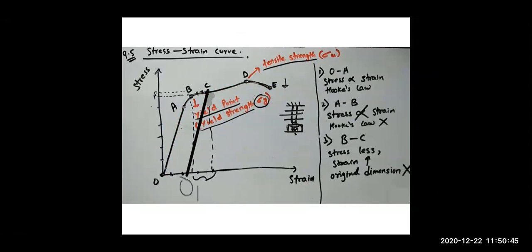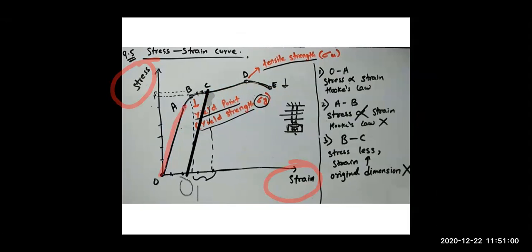Now, initially, as you can see, this is your region OA. OA is a straight line graph, meaning here the stress is proportional to strain, which means it obeys Hooke's law.